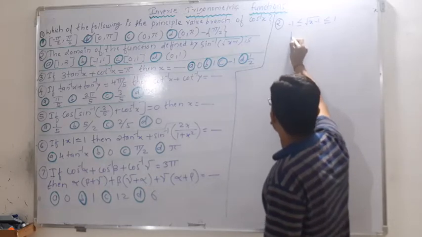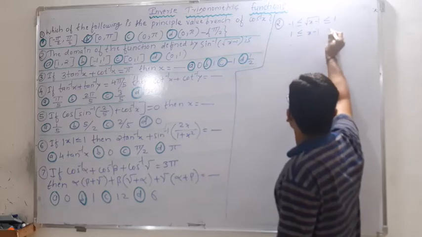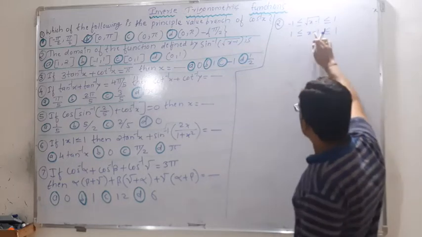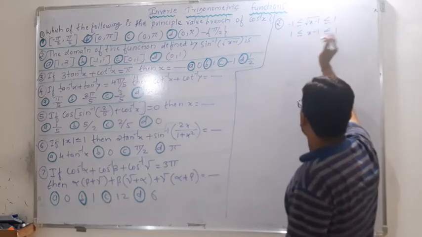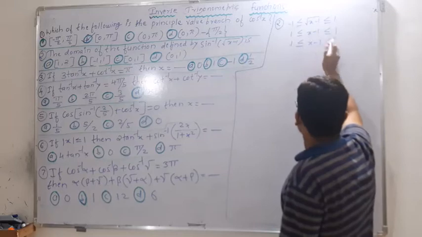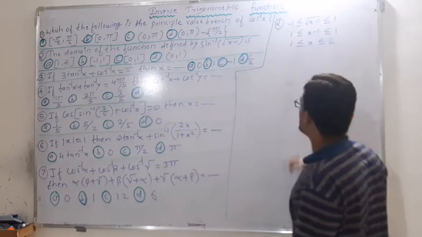Minus 1 square is plus 1, less than or equal to, the root gets cancelled, x minus 1 less than or equal to 1 square, which is 1. Now this minus 1 you transfer to the right hand side, so 1 less than or equal to x, x less than or equal to 1 plus 1 is 2.